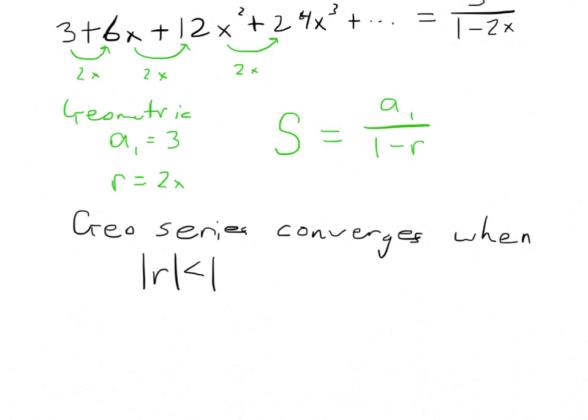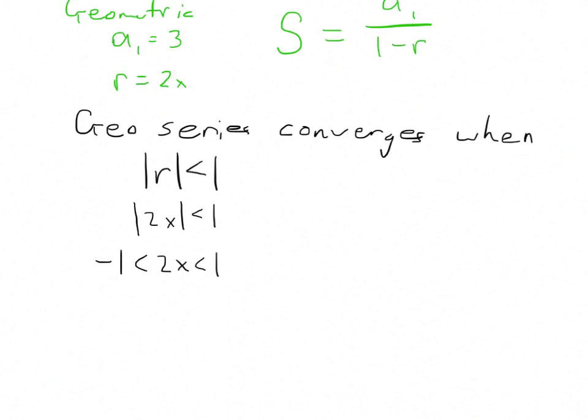So in our case here, that means when the absolute value of 2x is less than 1. Right? And then we can apply the same stuff that we did in yesterday's lesson. That means 2x has to be sandwiched in between -1 and +1, which means my interval of convergence is going to be between -1/2 and +1/2.